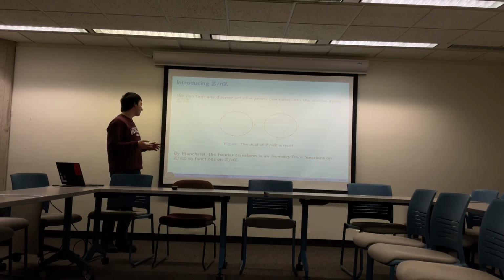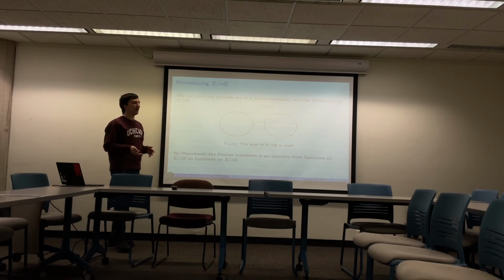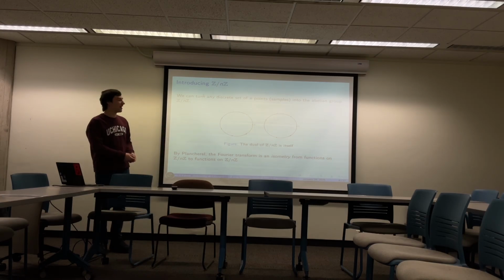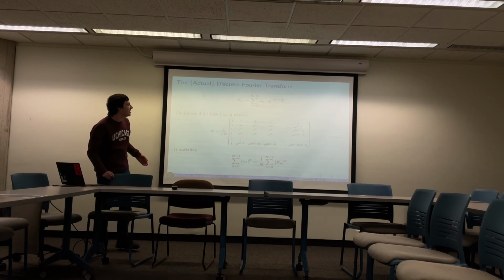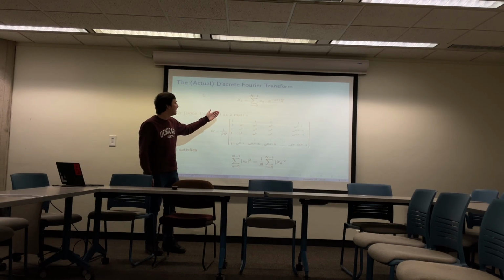And so, therefore, by this whole abstract theory we built up, the Fourier transform on Z mod n is an isometry from functions on Z mod n to functions on Z mod n. And so that high-level overview allows us to actually just write it down. So this is the actual formula for the discrete Fourier transform.